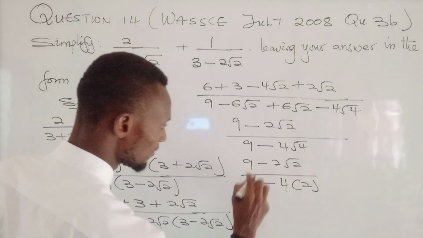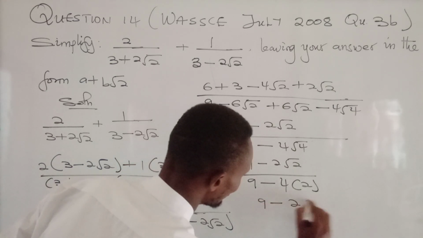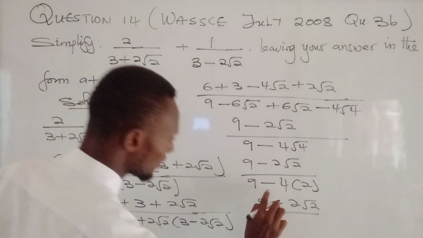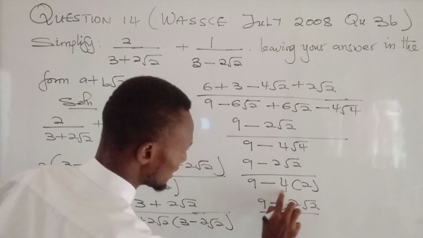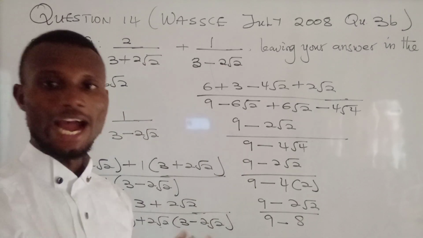Okay, let's go ahead and simplify further. So I'm going to have 9 minus 2 root 2 all over. We have 9 minus this 4 times the 2 gives 8. So we have 9 minus 8. I hope you understand.